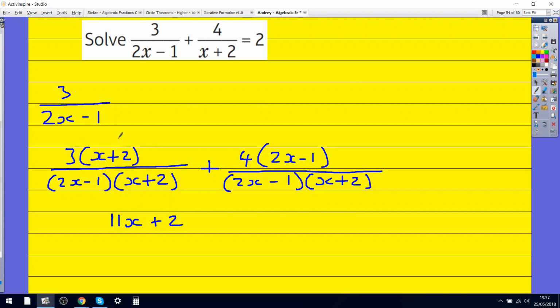Hold on. What's 3 times 2? 6. Oh yeah. Sorry. Plus 2. Yeah, go on. Over 2x minus 1 and x plus 2. I think that's the final answer. Well, in this case, it's an equation, so you're told that's equal to 2.